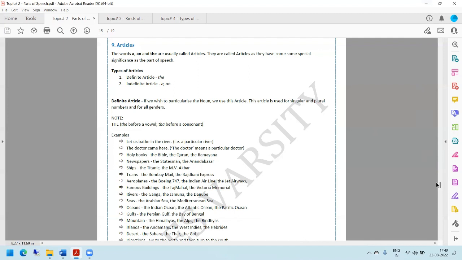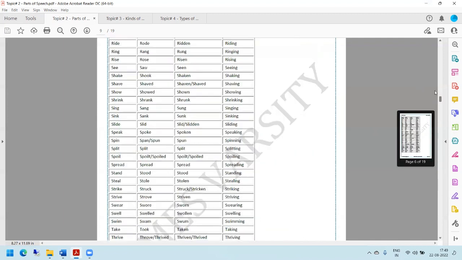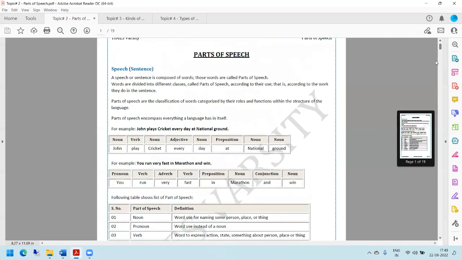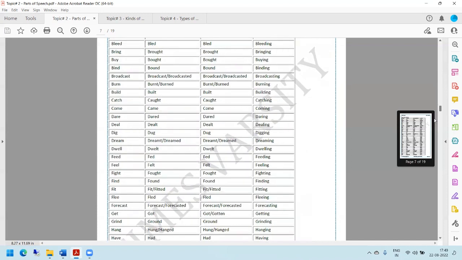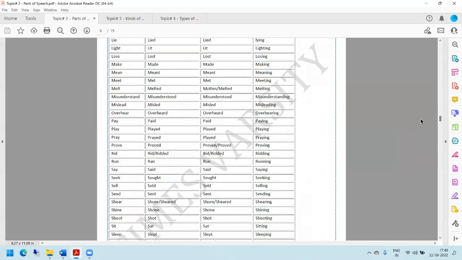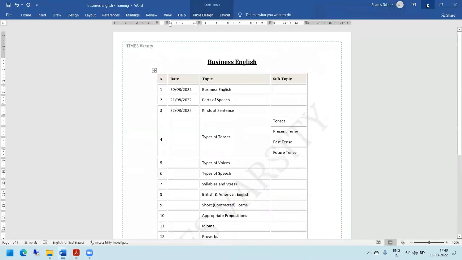Any idea? What are the consonants and what are the vowels? Vowels are A, E, I, O, U. Yes, A, E, I, O, U are called as vowels, and the remaining are called consonants.